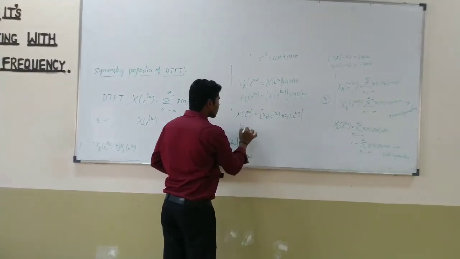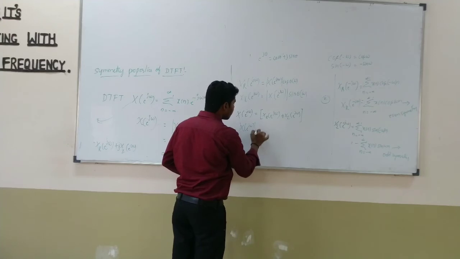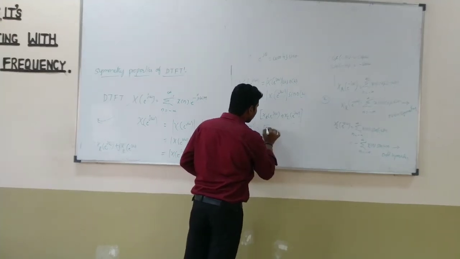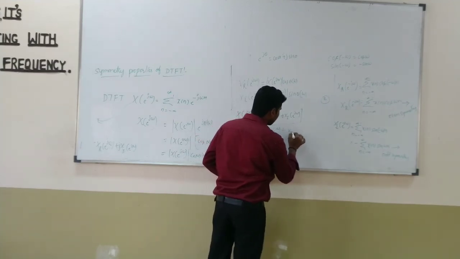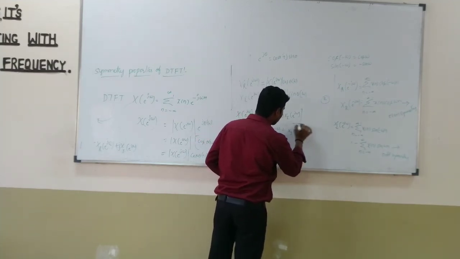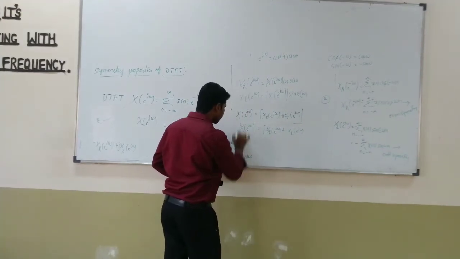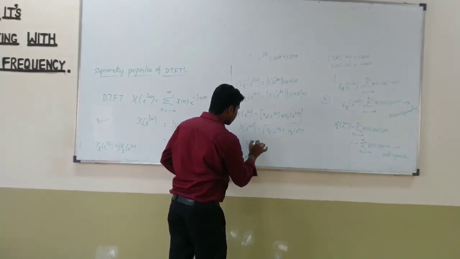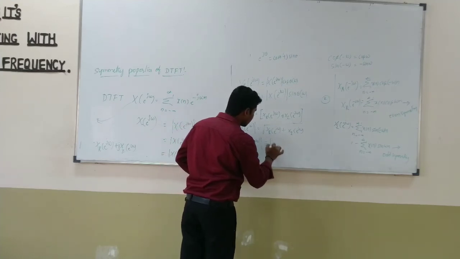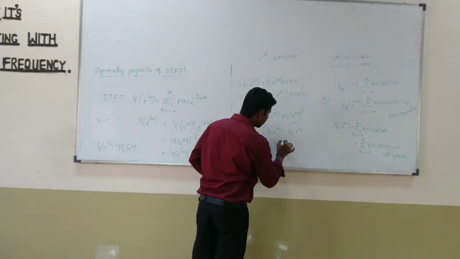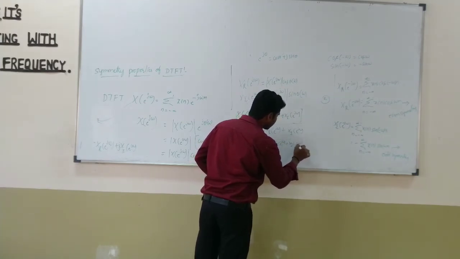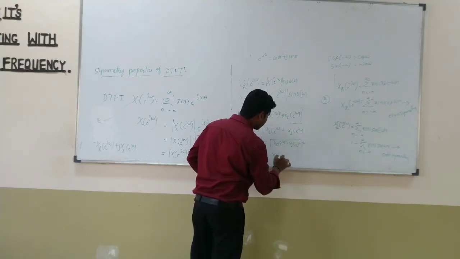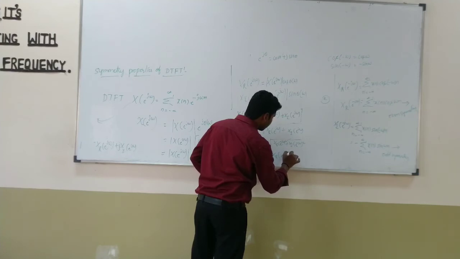If we consider the modulus of this, it is equal to the square root of X R of e power j omega squared plus X I of e power j omega squared. Taking the modulus of X of e power minus j omega, it is the square root of X R of e power minus j omega squared plus X I of e power minus j omega squared, and finally we get the same result.